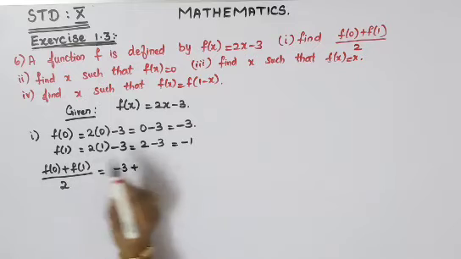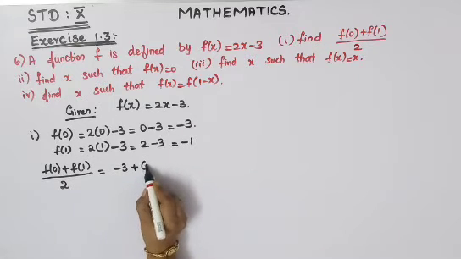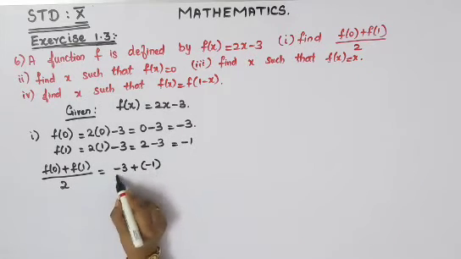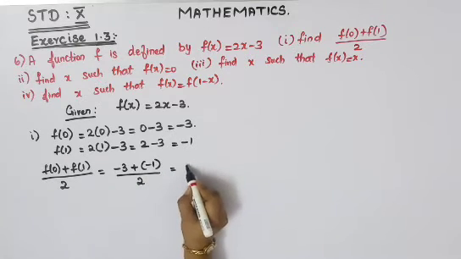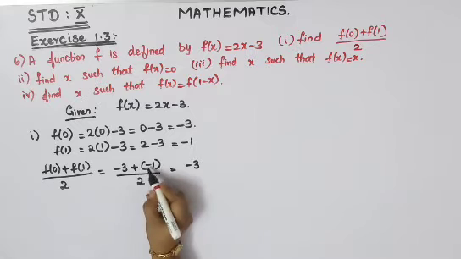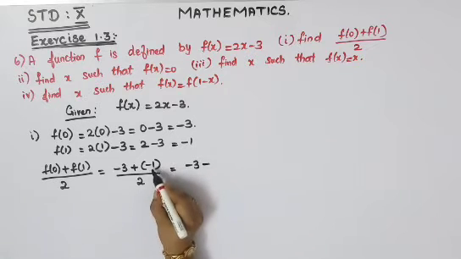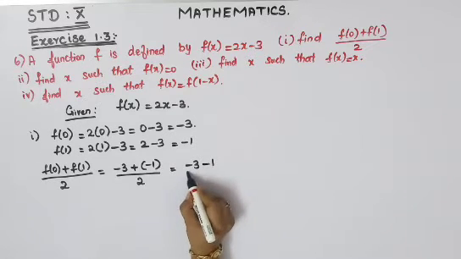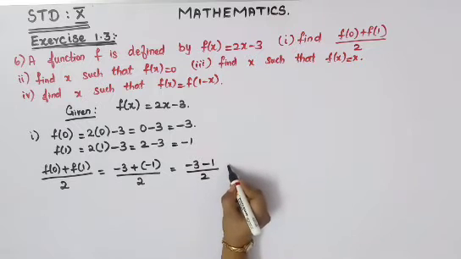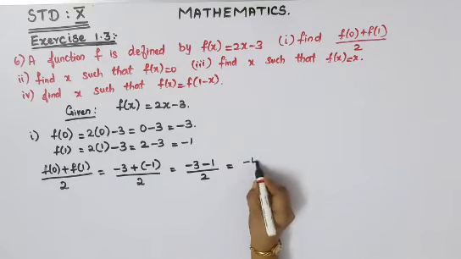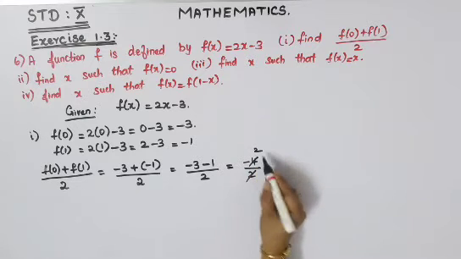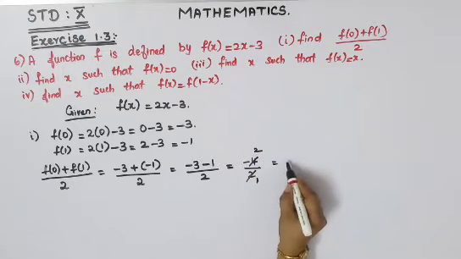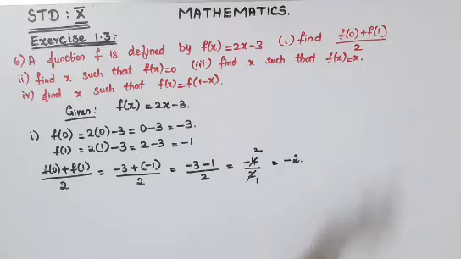Then f of 1 you will have to find, that we have got as minus 1, divided by this 2 as it is. So which is equal to minus 3 plus into minus is minus 1 will be there divided by 2. Minus 4 by 2. So cancel it, you will get twice and here it is once. So answer is minus 2.